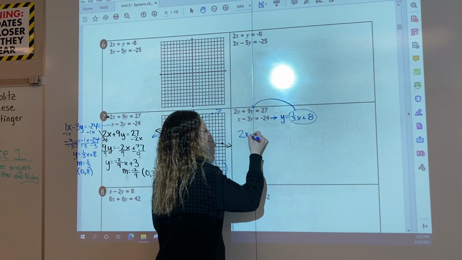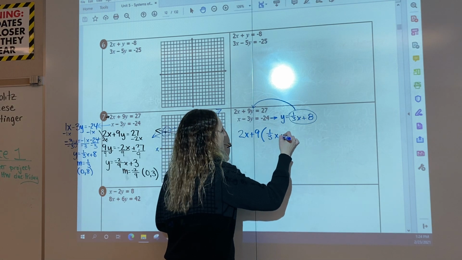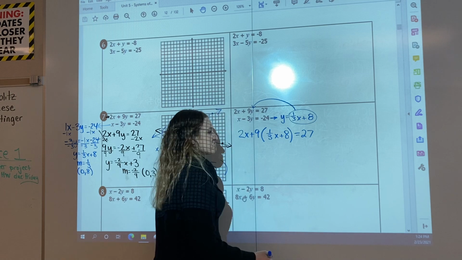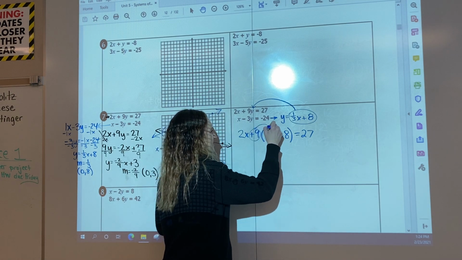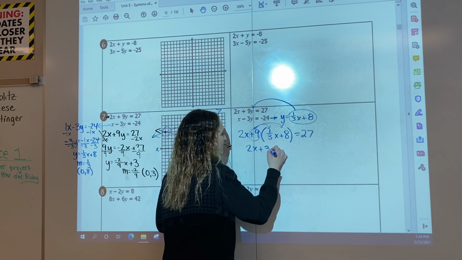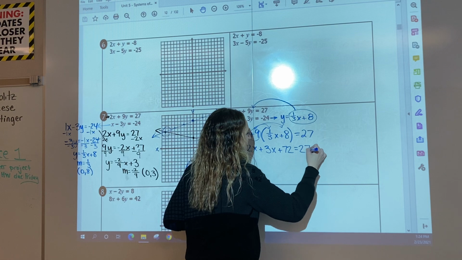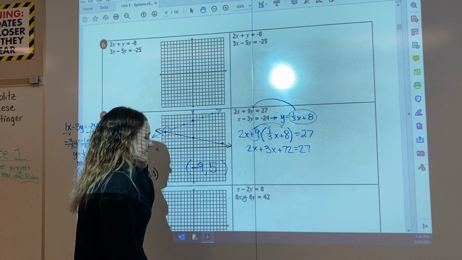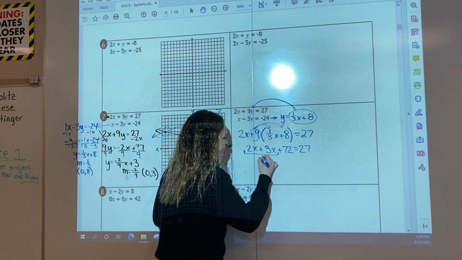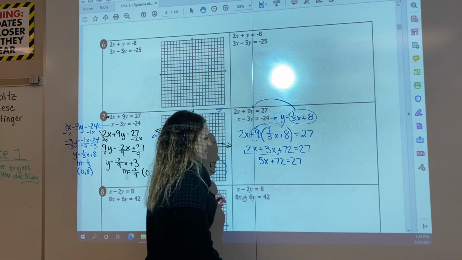We have 2x plus 9 times 1/3 x plus 8 equals 27. All right, let's distribute this positive 9, giving me 2x plus 3x plus 72 equals 27. Then let's combine our like terms here, which would give me 5x plus 72 equals 27.